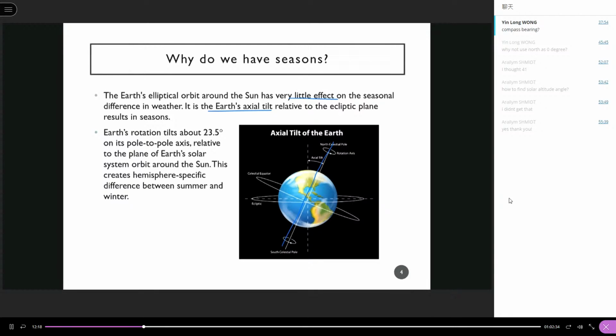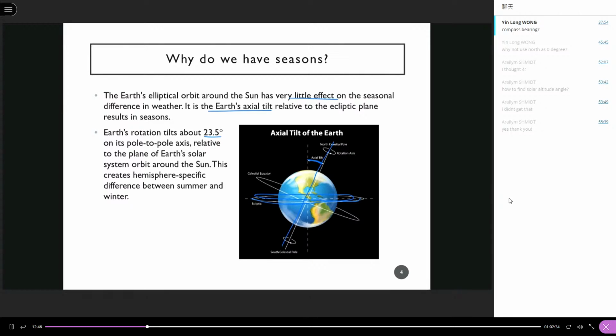This is the plane where the Earth revolves around the sun, and the axis has a certain tilting angle, which is 23.45 or 23.5 degrees. So the Earth's rotation tilts around 23.5 degrees on its pole-to-pole axis relative to the plane of Earth's solar system orbit around the sun.